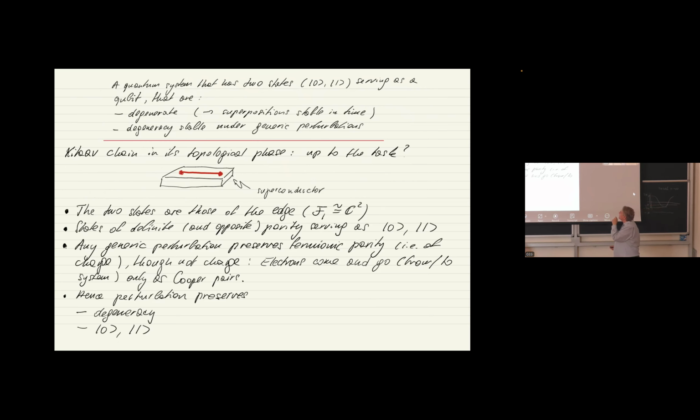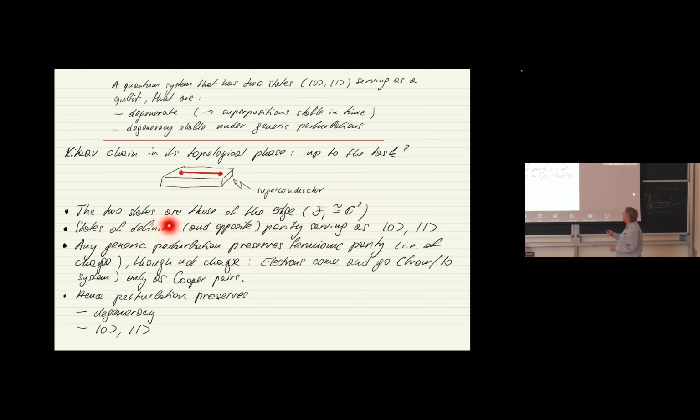And so the question is, how is the Kitaev chain, and the topological superconductors that have been constructed, up to the task? The two states you need are those of the edge. You remember that the edge in the topological phase provided a Hilbert space that is just C. There are states of opposite fermionic parity.